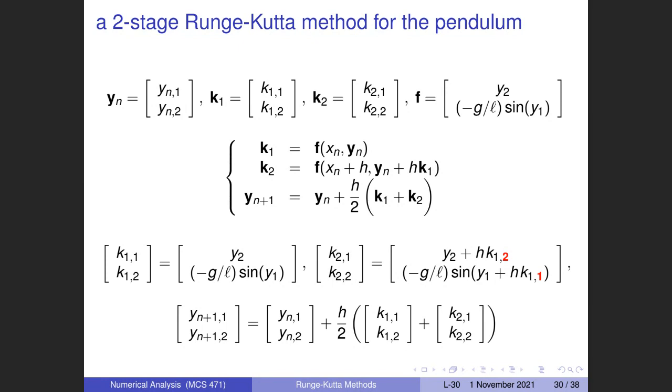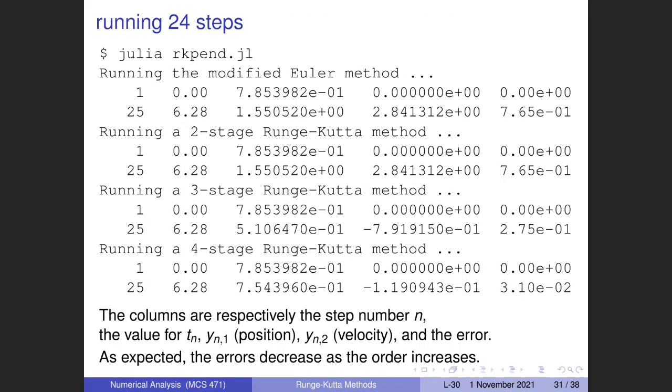The last line is the combination of the function values, and the line before that evaluates f twice. All right, so we have the modified Euler method.